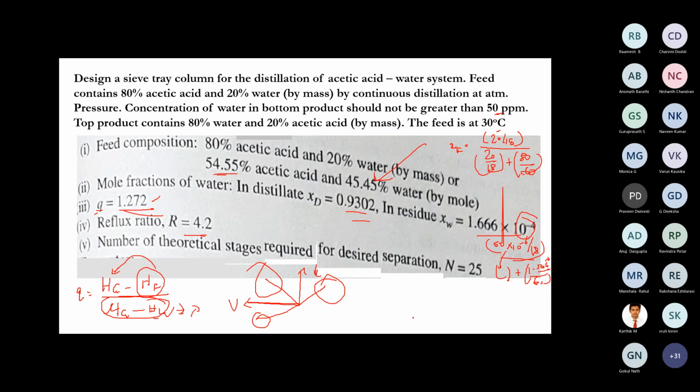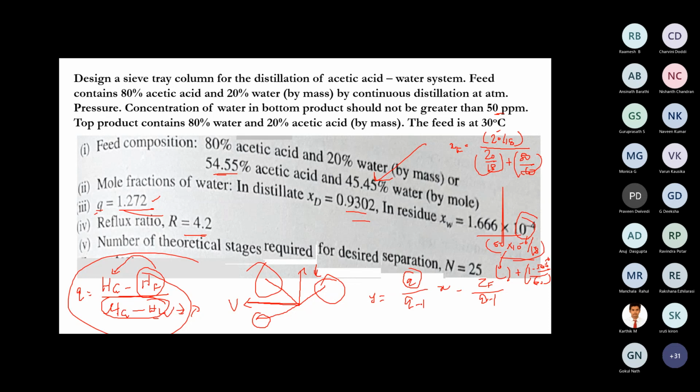Then draw the Q line. The equation of the Q line I think you know, that is Y is equal to Q by Q minus 1 times X. This is the slope, and minus ZF divided by Q minus 1 is your intercept. Once you position these things, then you draw the Q line using this equation, so Q can be calculated using these values.